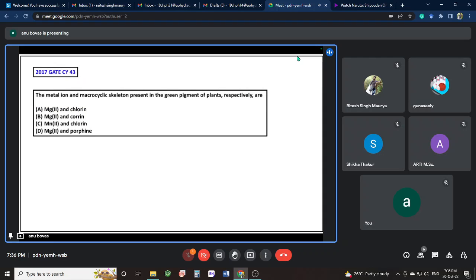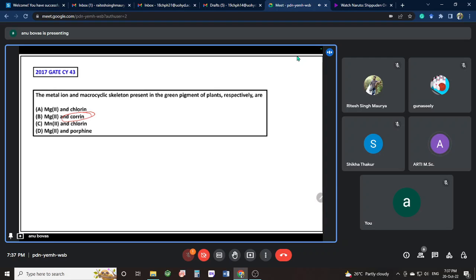And the next thing is regarding photosynthesis or chlorophylls. The metal ion and macrocyclic skeleton present in the green pigment of plants, respectively, are: we have 2-3 options: Mg2+ corrin, Mg2+ chlorin, Mn2+ chlorin, Mg2+ porphyrin. Here we have learned about the corrin ring system.